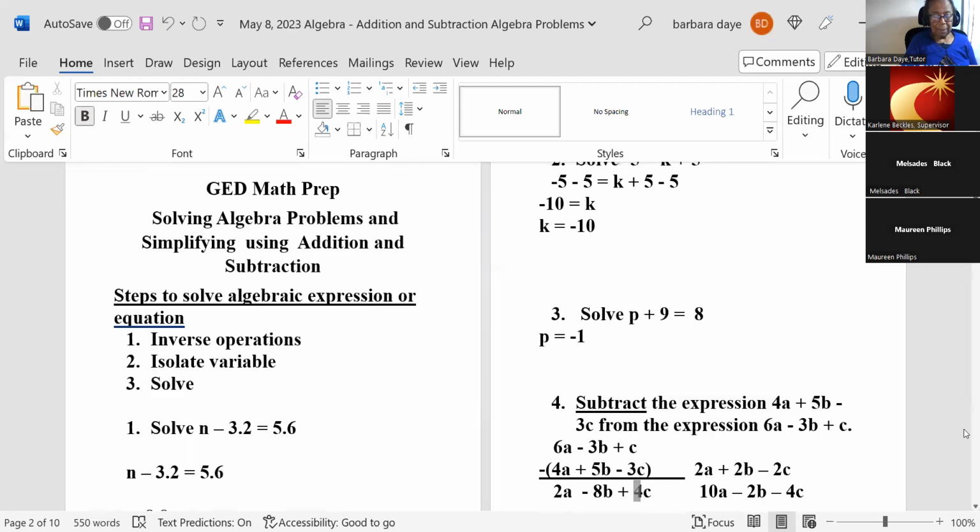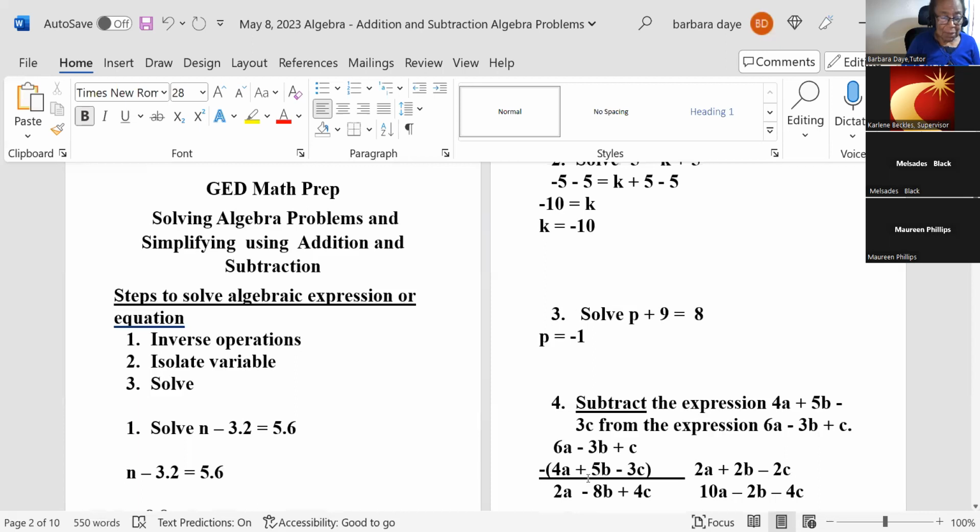Questions? Number 4. So when you're doing a subtraction, put your expression and put the minus in front of it for subtraction. Remember, once you put that minus sign, it applies to everything within the parentheses. So just think of it this way: every sign in parentheses will change. The 4A becomes a negative.